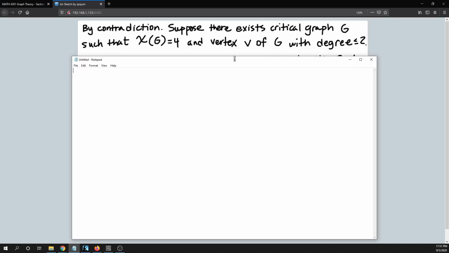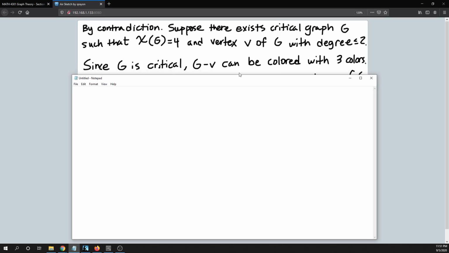What we're going to do is remove that vertex V. Since G is critical, the chromatic number of this subgraph, which is a proper subgraph because it is missing the vertex V, has to be less than the chromatic number of the graph G. So the chromatic number of G minus V has to be 3 or less.